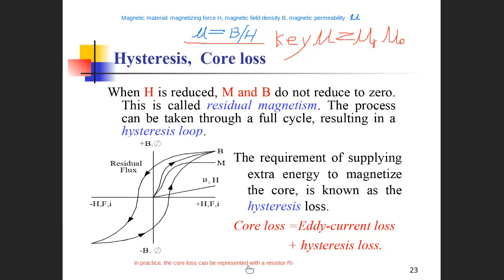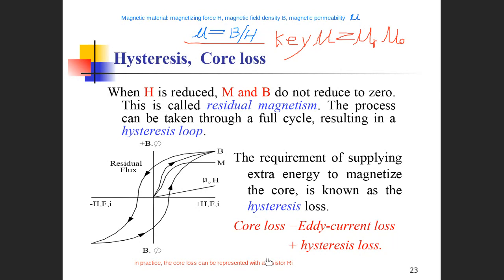Remember once again, here is a hint: we say energy losses, core losses, but we don't know how to represent them. Actually, in practice, as I just said, any energy loss in an electric circuit can be represented by an equivalent resistance. So once again, resistance represents energy consumption.